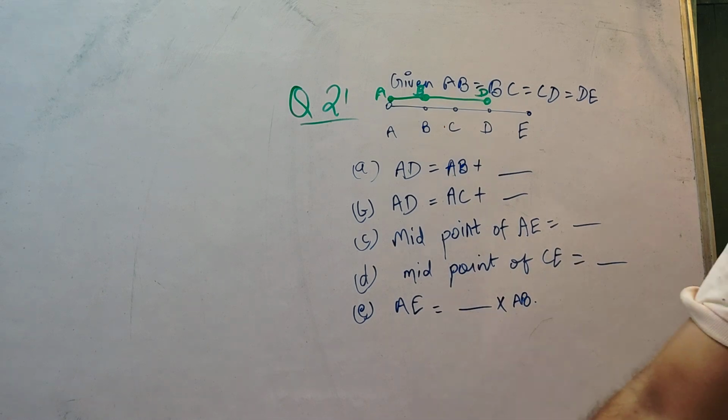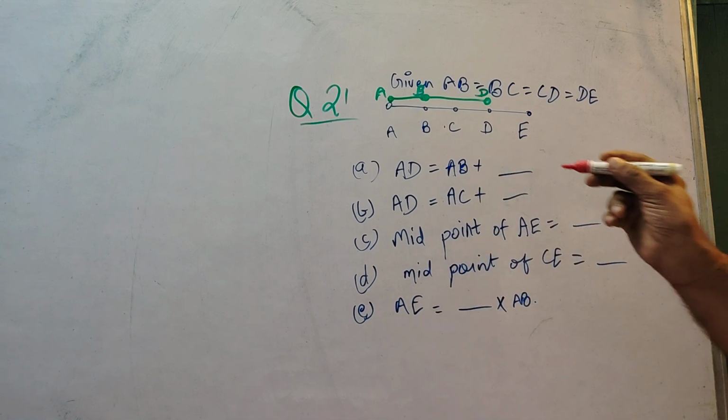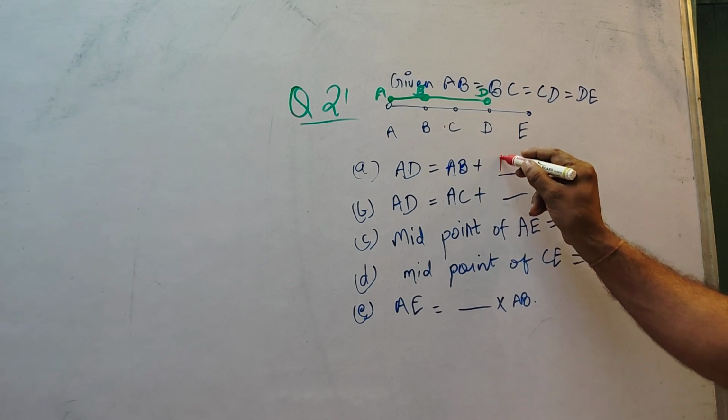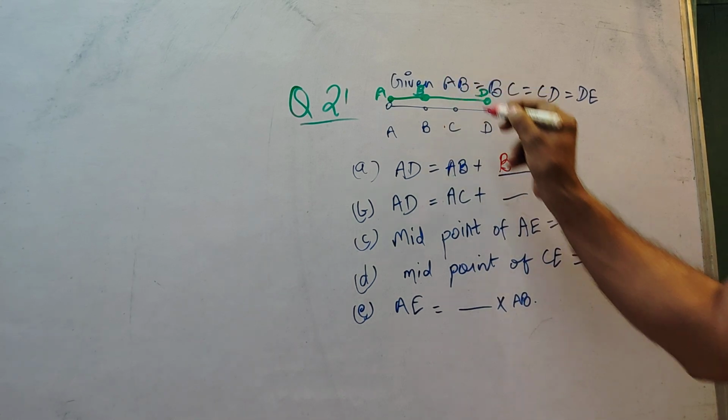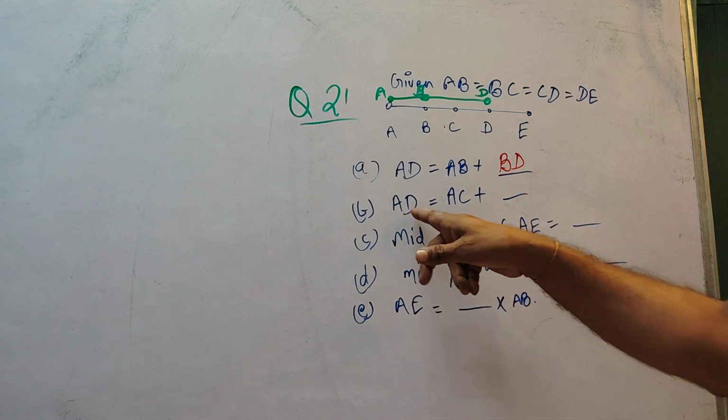The first answer is AD equals AB plus BC plus CD, but there is only one plus, so we can say BD. Yes, correct.